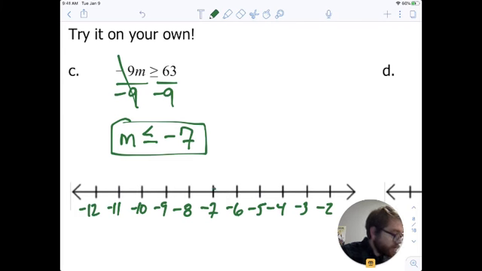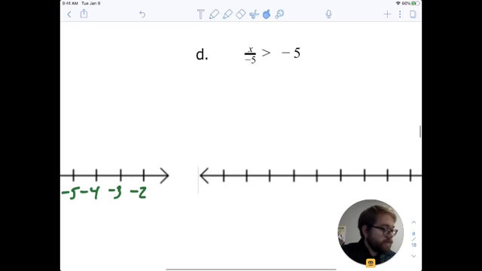Less than or equal to -7, so I'm going to close circle at -7, and then arrow to the left. Talking about the numbers that are less than -7. So I divided by a negative number, so I had to switch the sign, and then graph it.